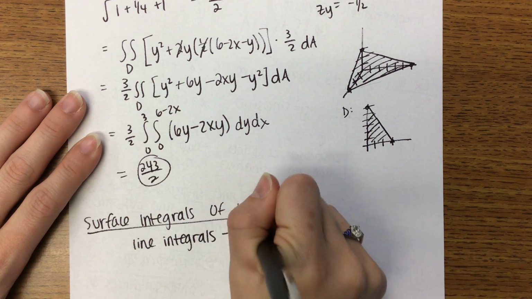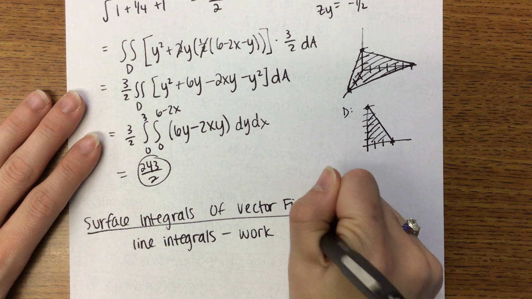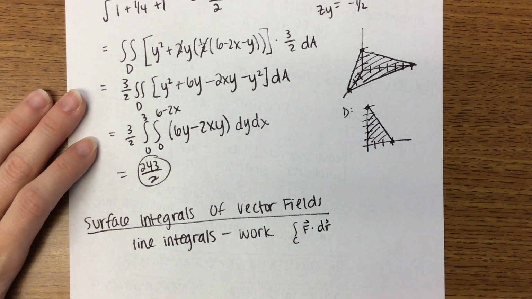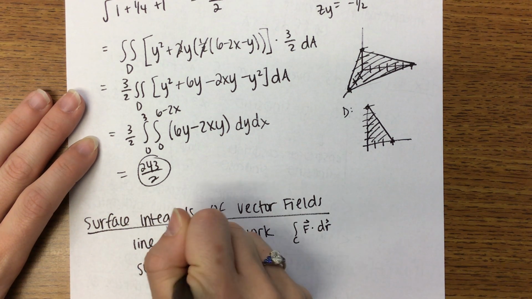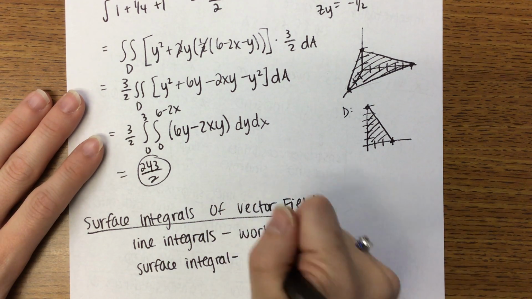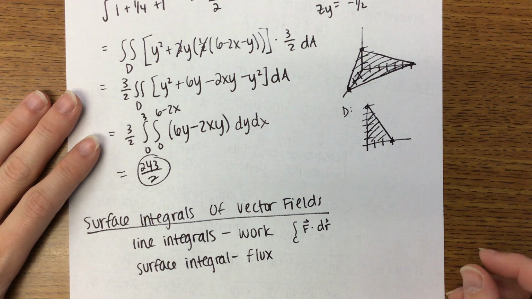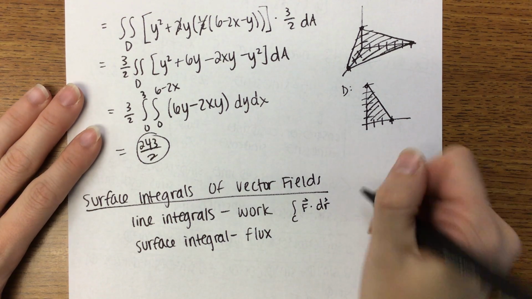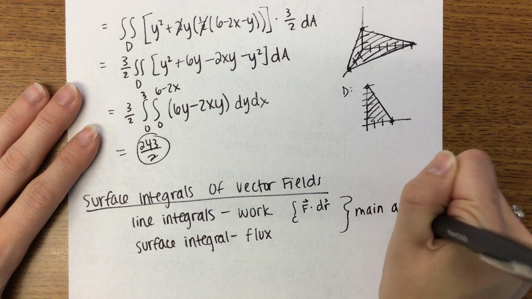Right, I just told that to you. That's the one that looks like this. If you take the surface integral over a vector field, you end up getting what's called flux. Have you guys done that in physics? Not yet? Okay, so these are the two main applications when we talk about vector fields.